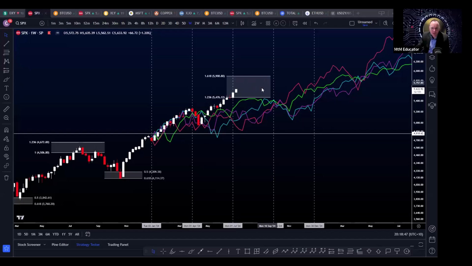So I had this as a range target between 5,500 and 5,900 for the S&P 500, but I expected to get there halfway through Q3. So we are 6 or 8 weeks ahead of schedule to where I thought we were going to get into this range.